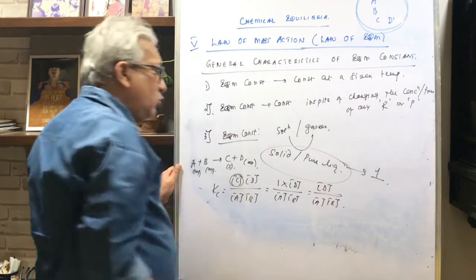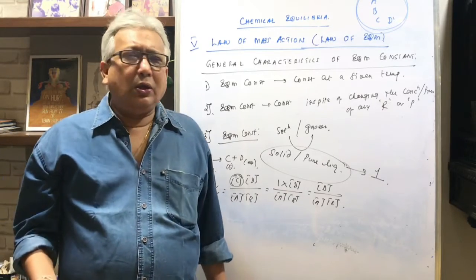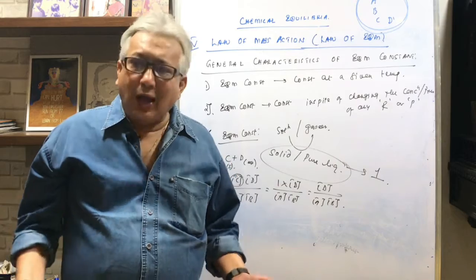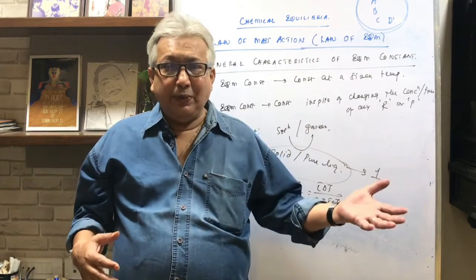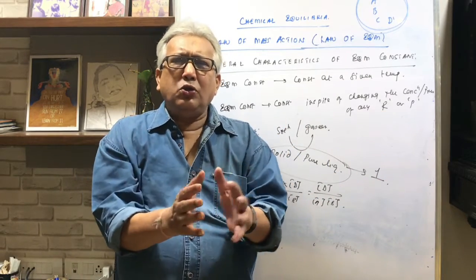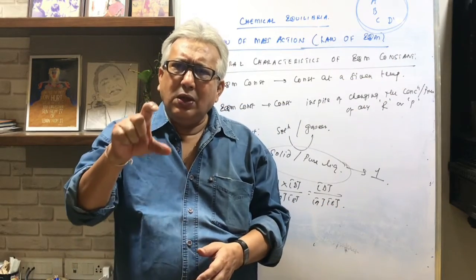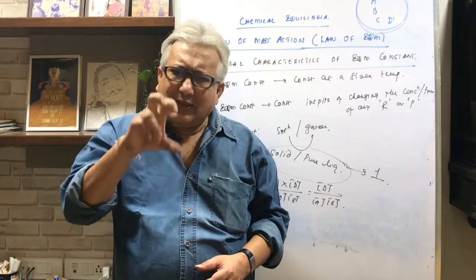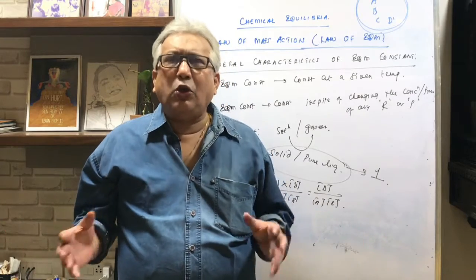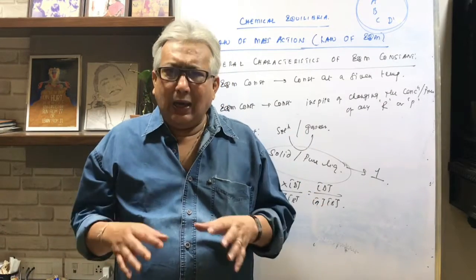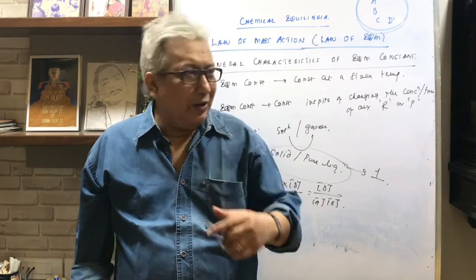That means, in simple language, if anything is present in the solid or pure liquid state, the question of its concentration does not arise, because concentration of anything is discussed with respect to a medium. If it exists as a pure solid, it is not mixed with a medium, so where is the question of its concentration? If anything is present as a pure liquid, it is just a pure liquid, not present in any medium, so the question of its concentration does not arise. When the question of their concentration does not arise, you have to ignore it, and the best way to ignore it is not to take it as 0, because then everything will get nullified.